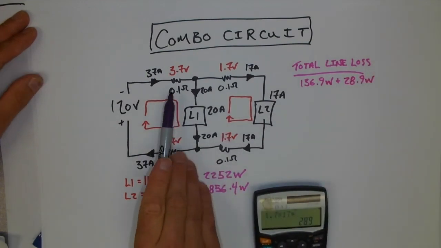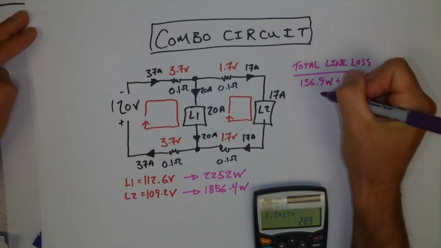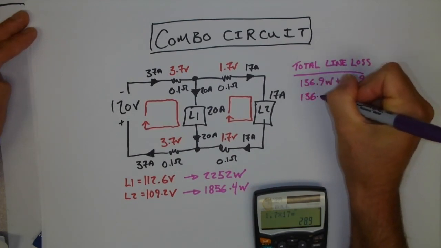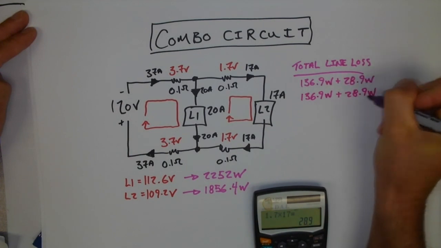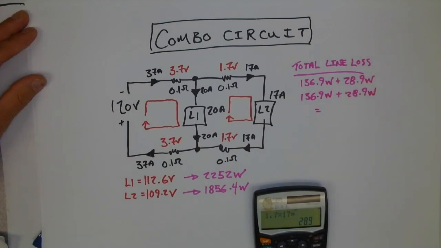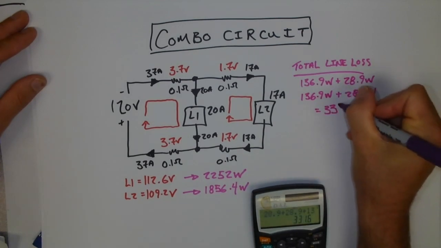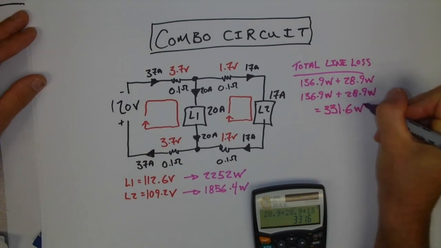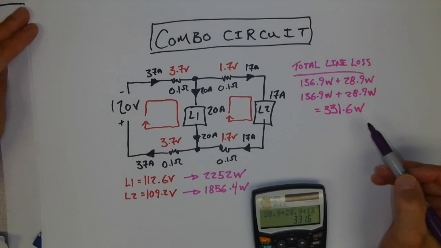Now, there's 4 conductors, 1, 2, 3, 4, which means that I should be able to add all of these up yet again. And so what we get, so 28.9 plus 28.9 plus 136.9 plus 136.9, I get 331.6 watts. That's the total amount of power that is lost on my conductors due to heat.